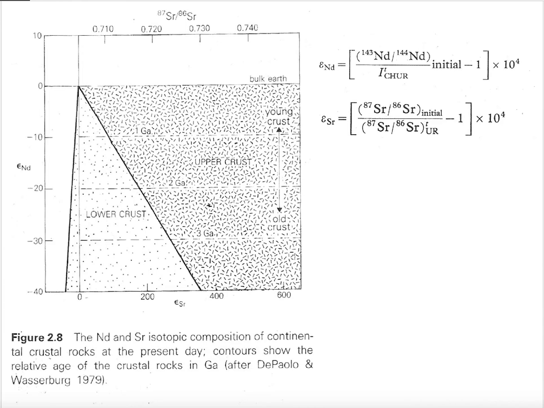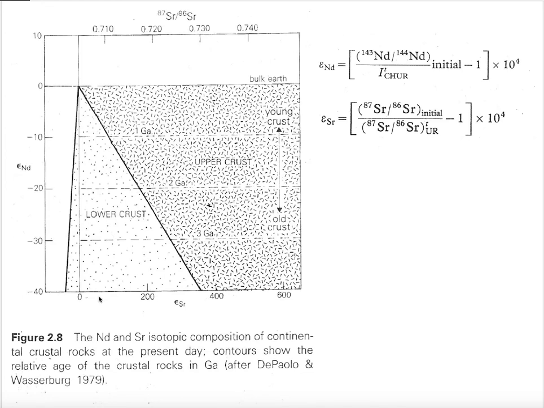Then we have the ratio nowadays, the variations here above. Then we can calculate the epsilon strontium, which varies between 0 initially and going up in this diagram to 600.